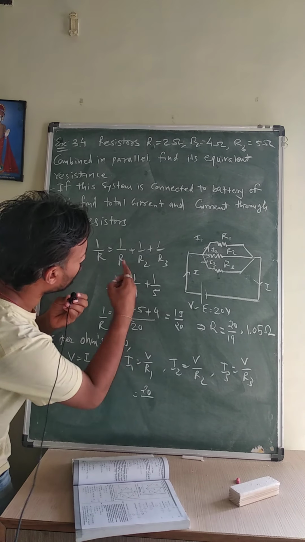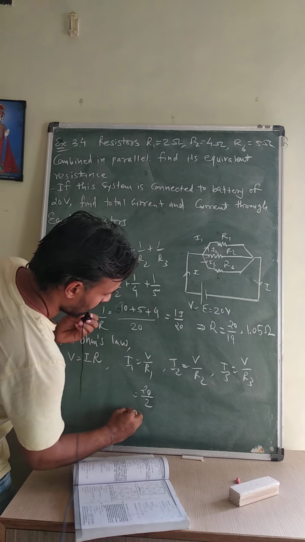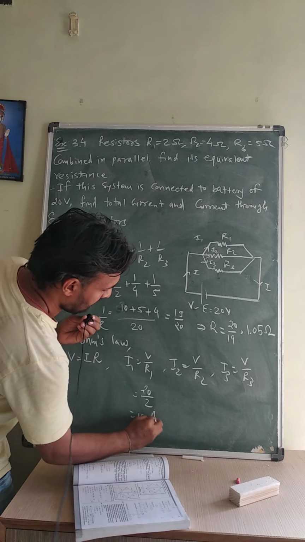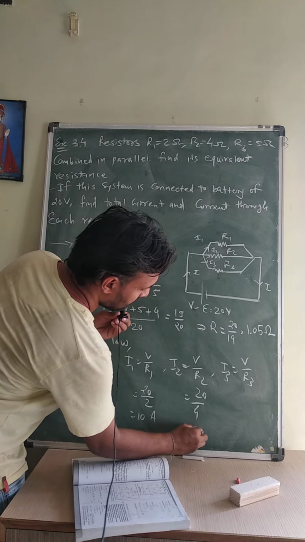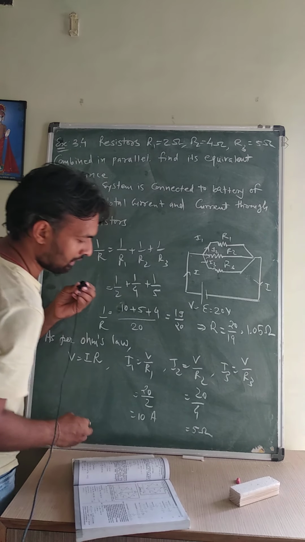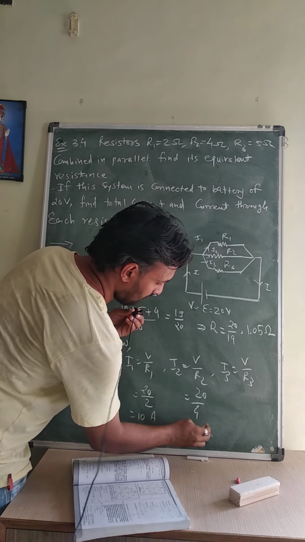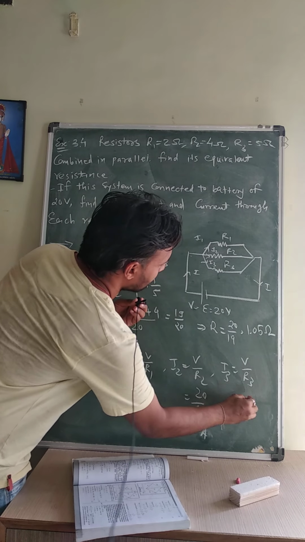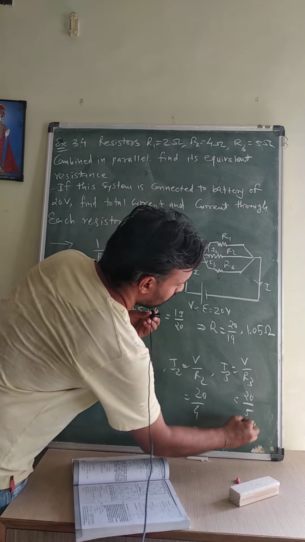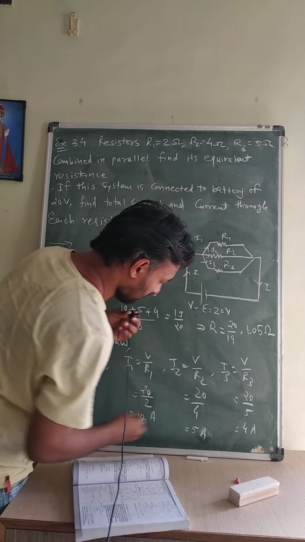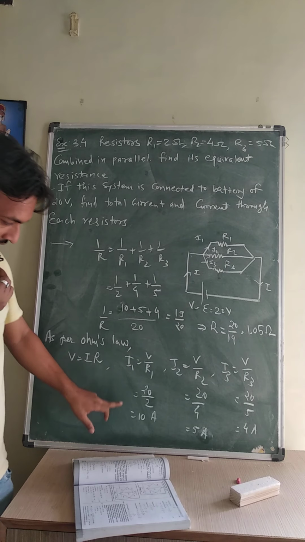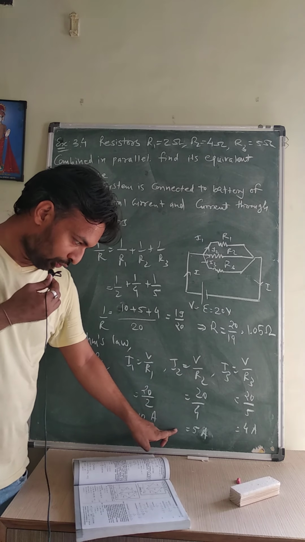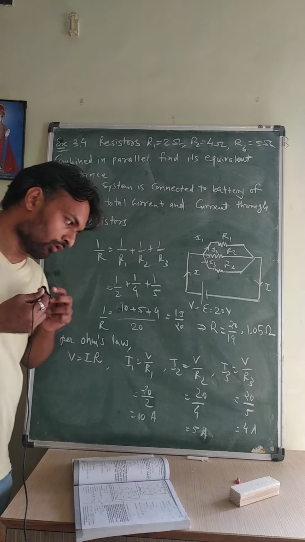So 20 upon 2 is 10 ampere, 20 upon 4 is 5 ampere, and I3 is 20 upon 5, that is 4 ampere. So this is the current through each resistor: I1 is 10 ampere, I2 is 5 ampere and I3 is 4 ampere.